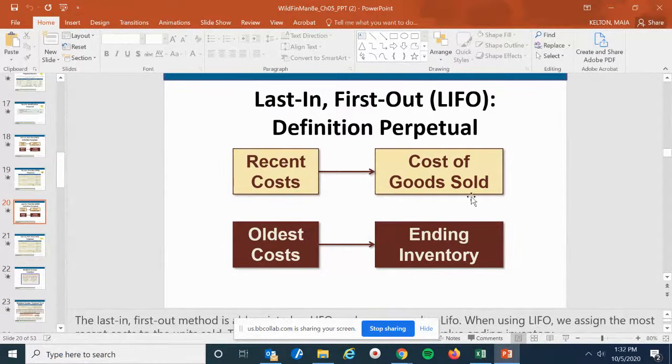If we assume the most recent items are sold first, then cost of goods sold is based on the most current costs, and ending inventory is based on the oldest costs. And it does make a difference when you think about it.